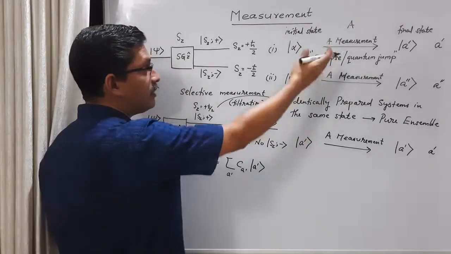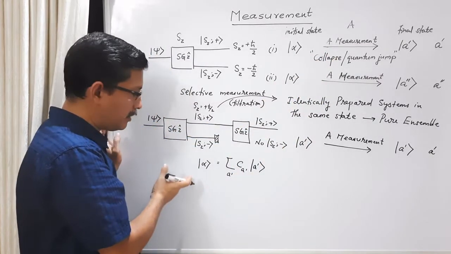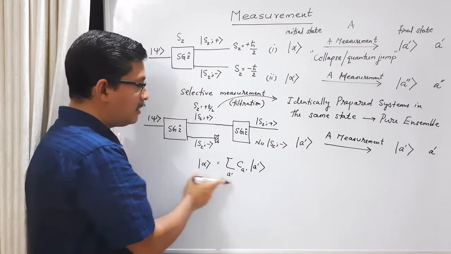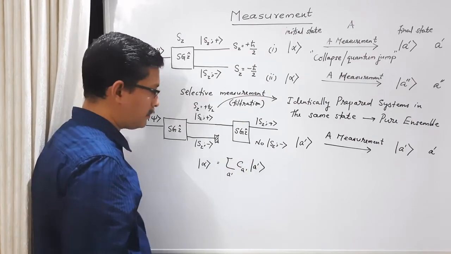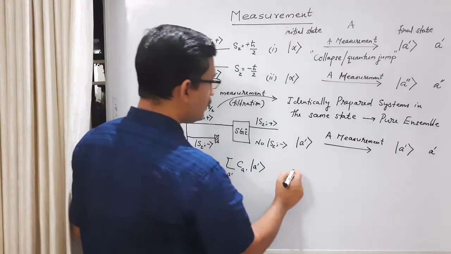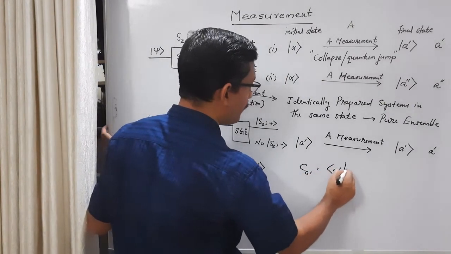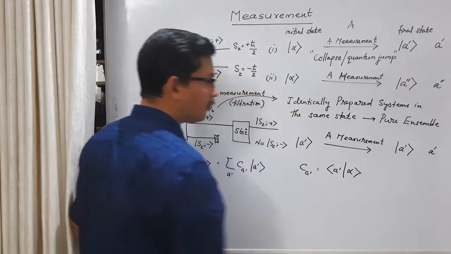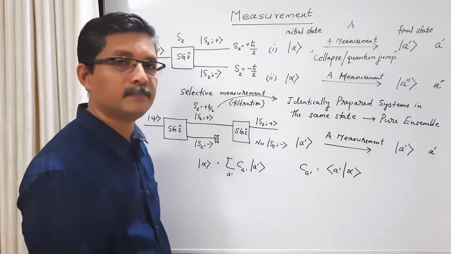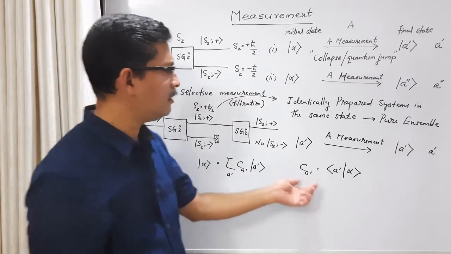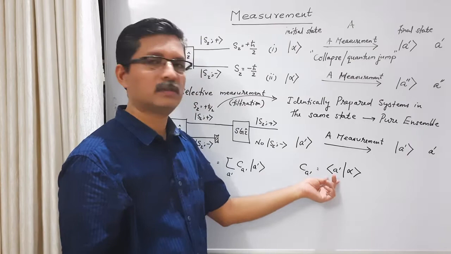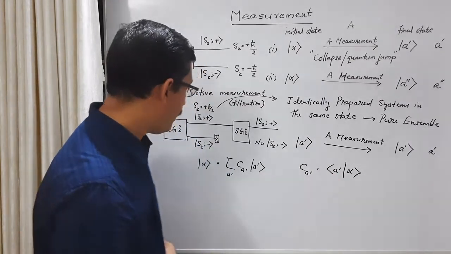Ket A prime are the eigenkets of the operator that is being measured in this state. C A prime are the expansion coefficients. And how do we calculate this C A prime? C A prime is the inner product between bra A prime and ket alpha.